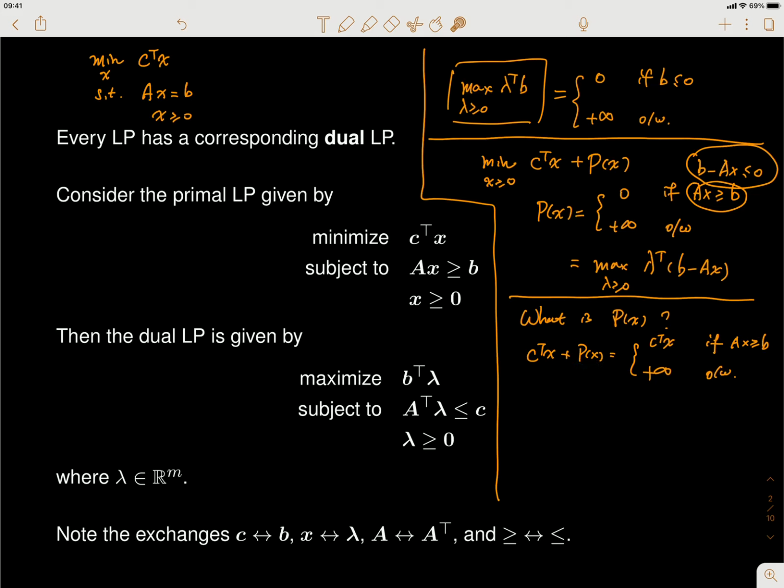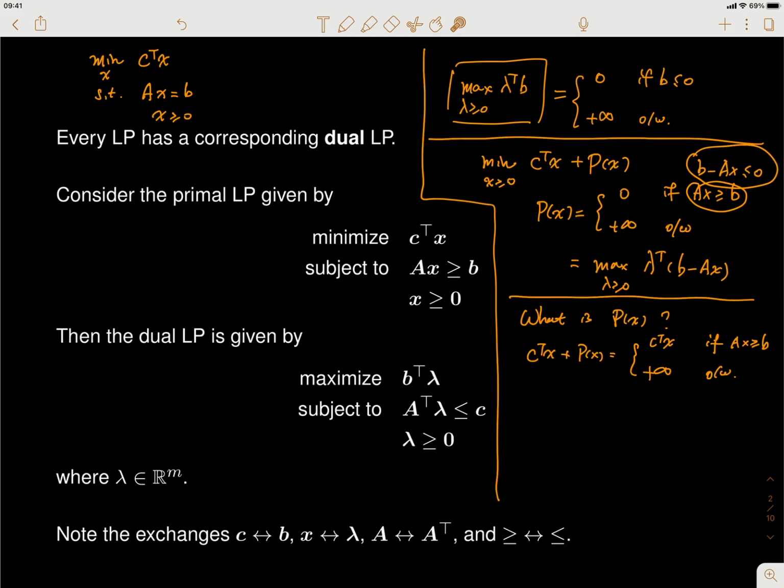This p(x) is sometimes called the projection. Means that if x is actually inside the set here, then the p(x) is just 0. But if the x is not, then this p(x) is positive infinity. Okay? Or someone calls it the indicator function.